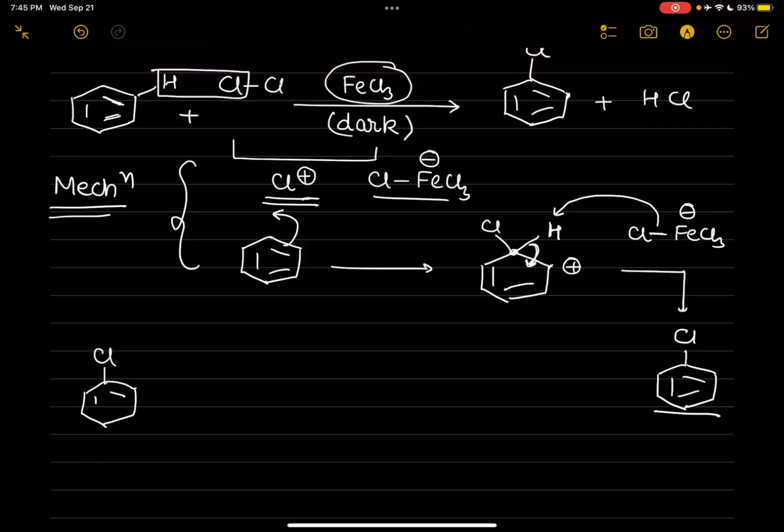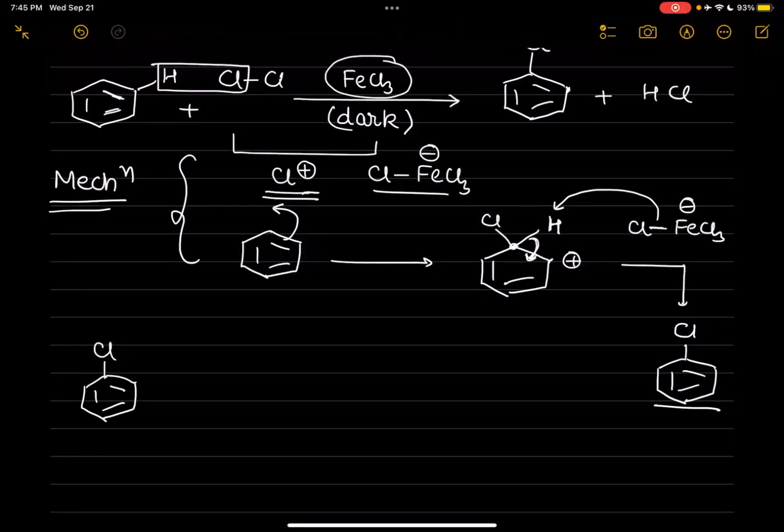This chlorobenzene, you react with NaOH at a very high temperature and pressure.